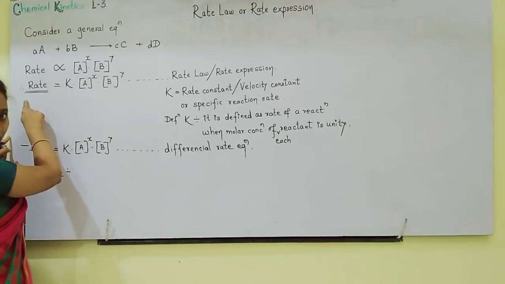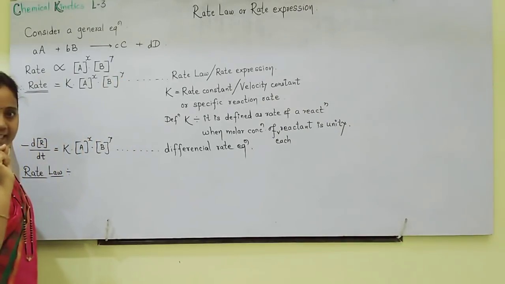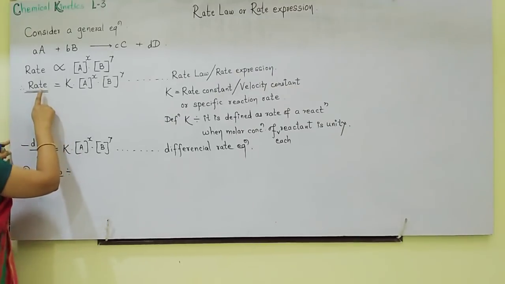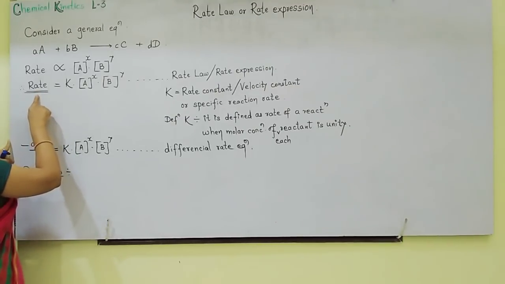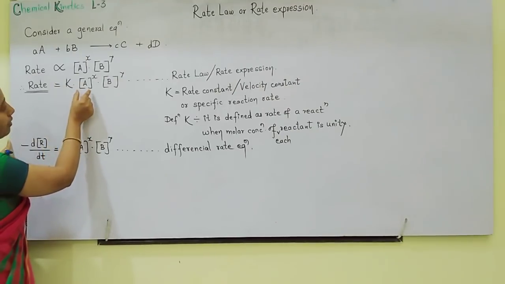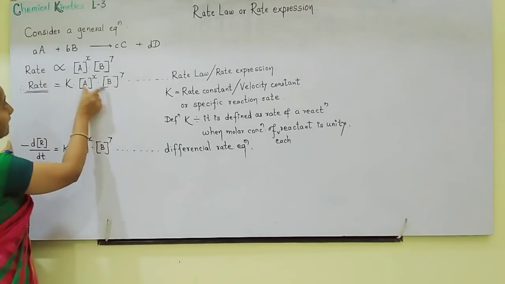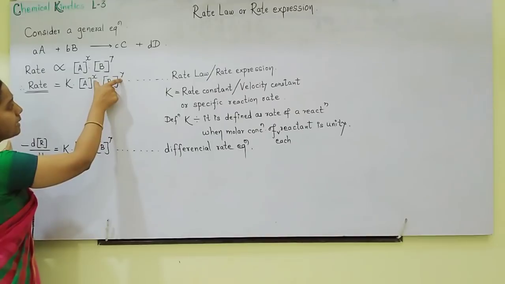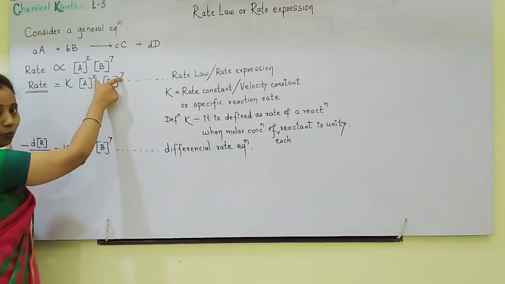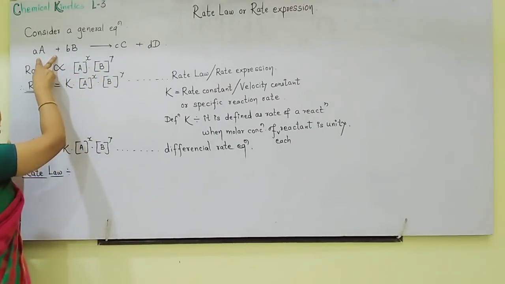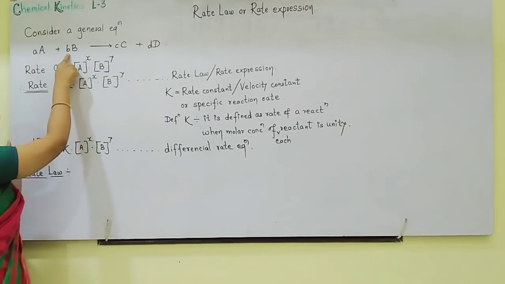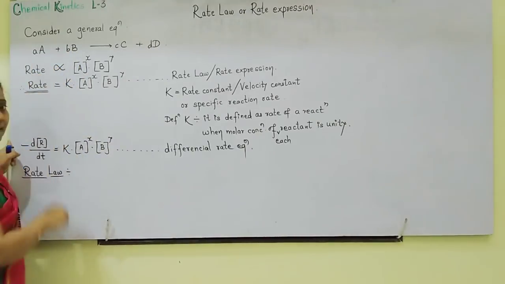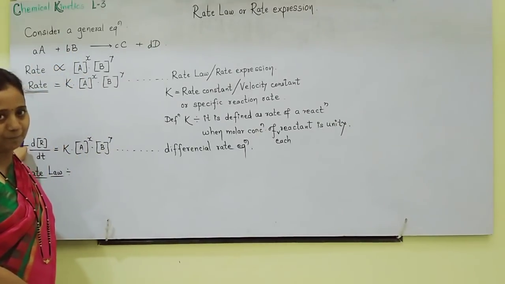It is an expression in which rate of reaction is given in terms of molar concentration of reactants raised to some powers, which may or may not be same as stoichiometric coefficients of reactants in the balanced chemical equation.